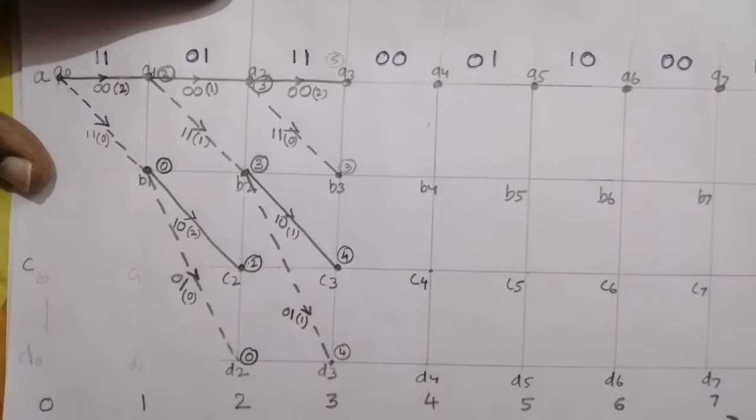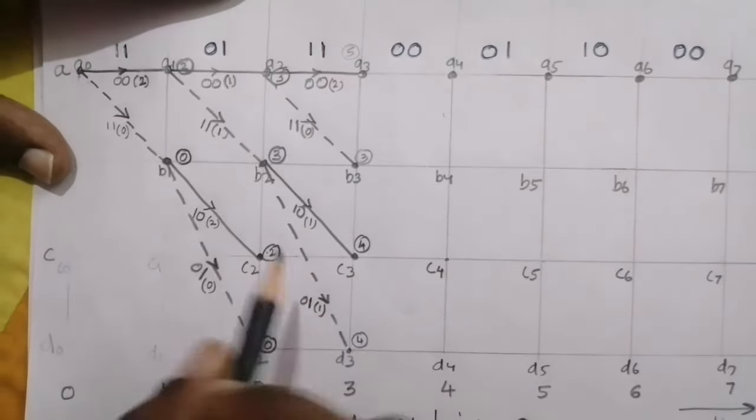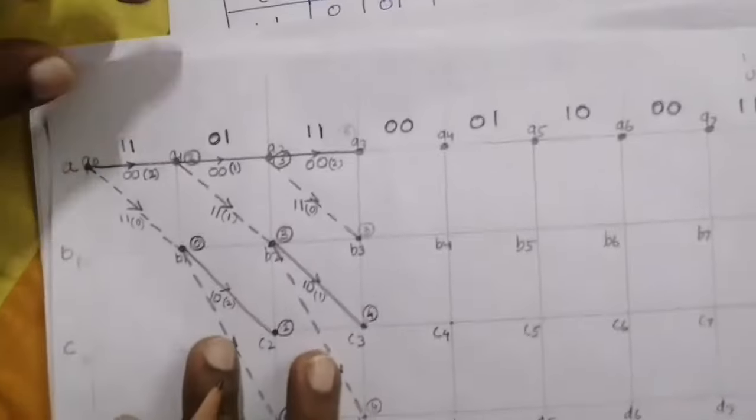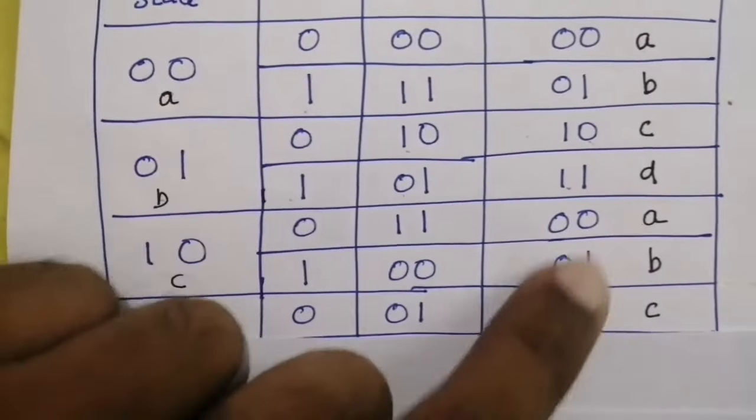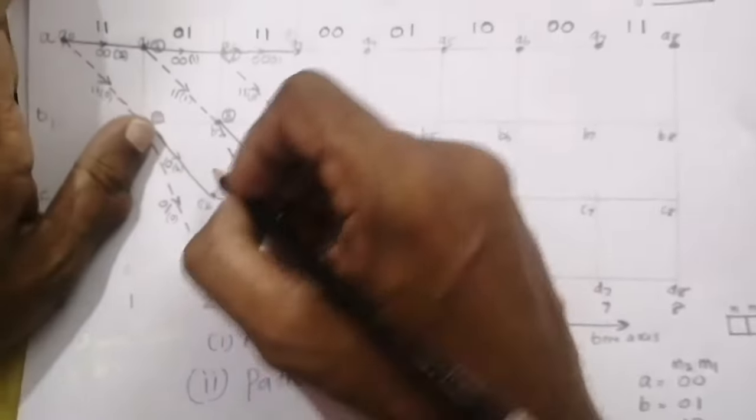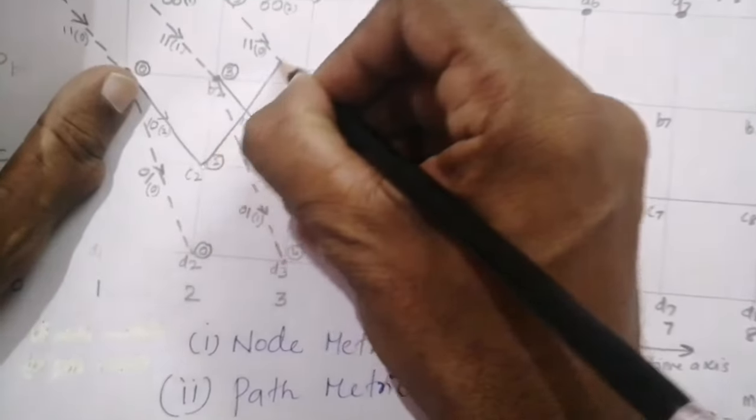So if the state of the convolution encoder is C and if 0 comes, the next state is A and output is 1 1. So I will draw like this.